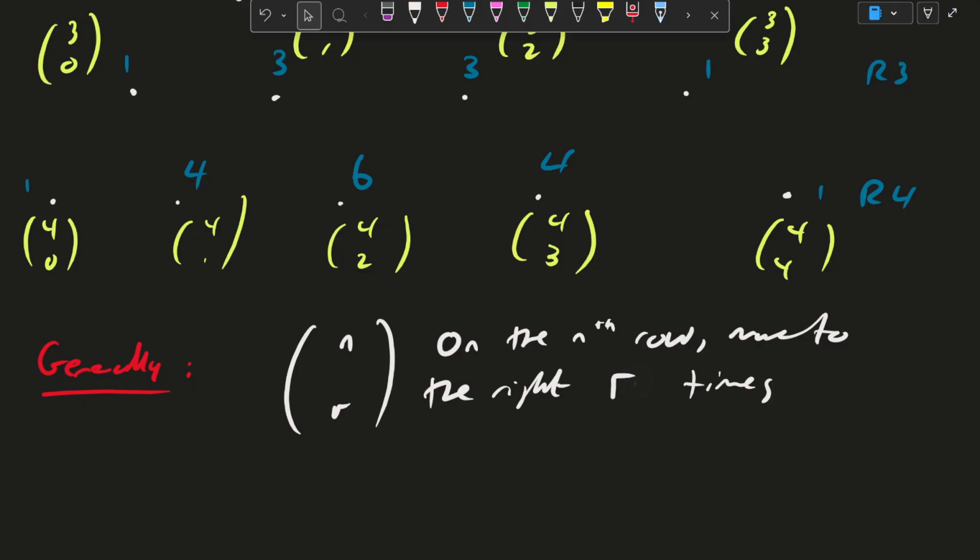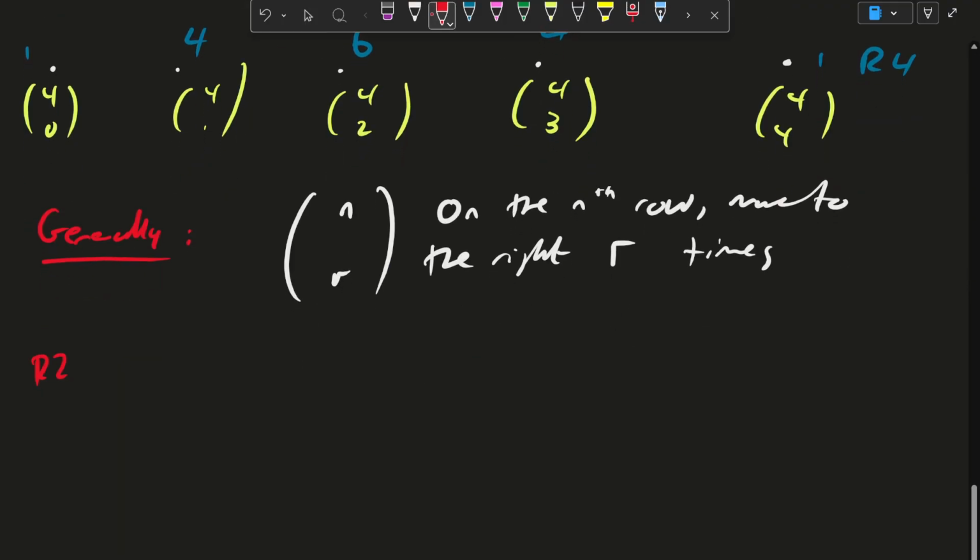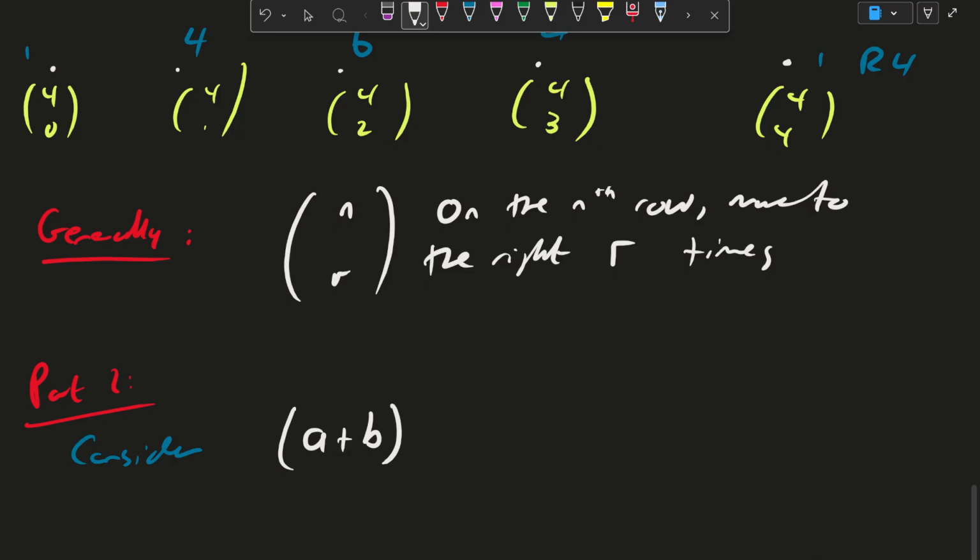Part 2 is how we're going to use this concept. What we're going to do is consider the function a plus b to the power of n.